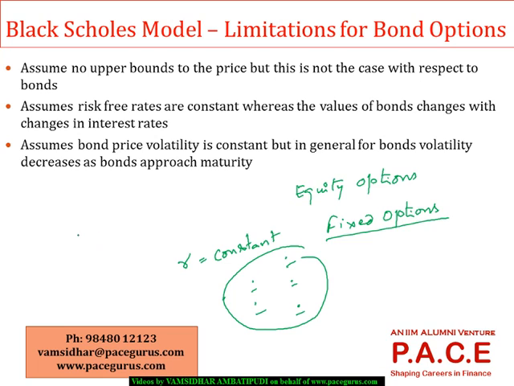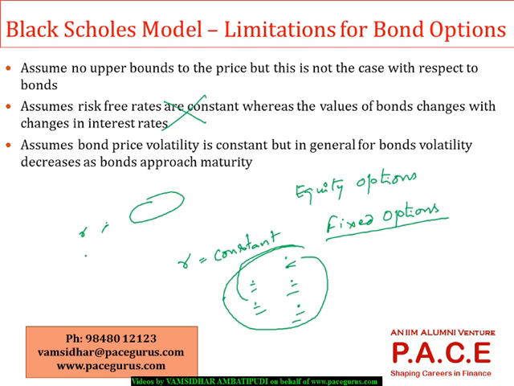See, the assumption is that the interest rate is constant for the period of the derivative security until its maturity. But this is a 2-year derivative security in our earlier example. The interest rates are assumed to change at the end of each of the periods, which has actually resulted in different values of the bond at the end of each of the periods. So directly the Black-Scholes model cannot be applied because the interest rates are not constant.